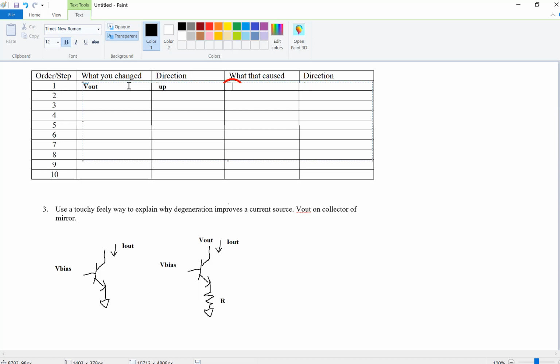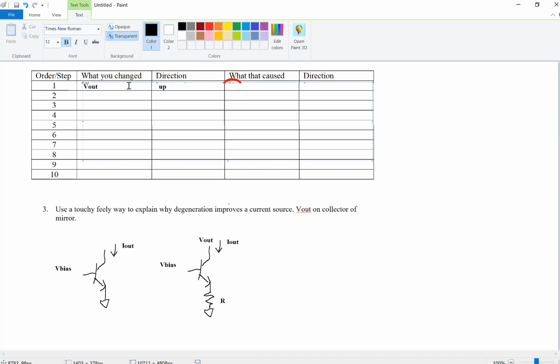Just go one step at a time. There's a bunch of things that happen when you move V out up, and that's eventually where we're going. We're going to put them all together, but at first just assume nothing changes. So assume that the emitter voltage doesn't change and you just moved V out up. Yes, the voltage across the resistor will change, but don't worry about that. Just move V out up and see what happens.